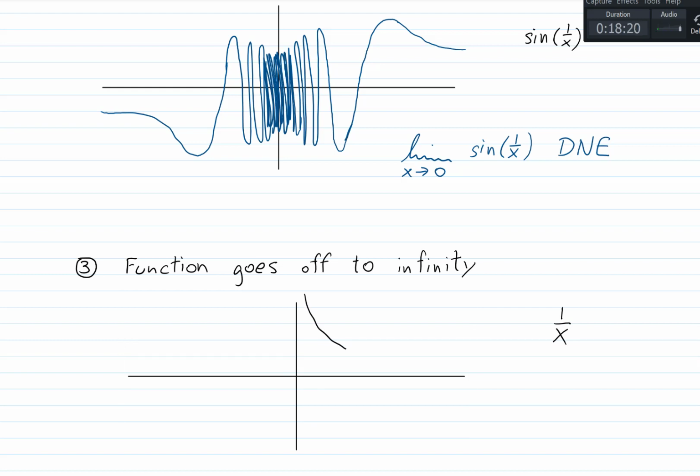If you graph it, it looks like this. Okay, and I could say, what's the limit of 1 over x as x approaches 3? And the answer would be, well, think about it, it would be 1/3.